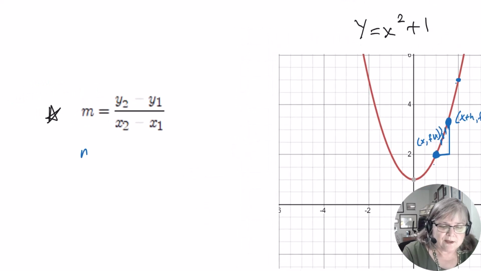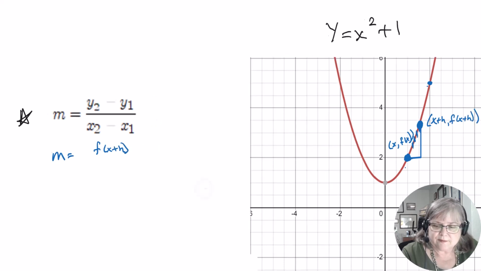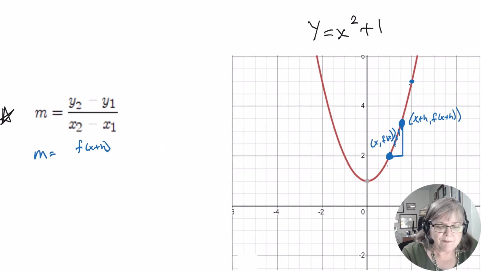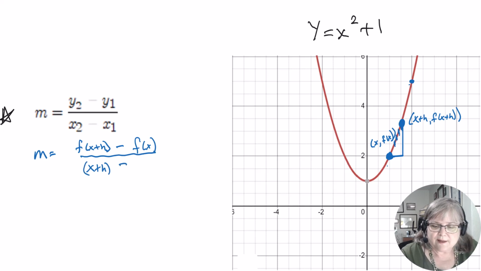So we would say the slope is y2, which is f of x plus h, correct? F of x plus h, minus y1, which according to our drawing would be f of x, over the x of the second point, which is x plus h, minus the x of the first point, which is x. Okay?